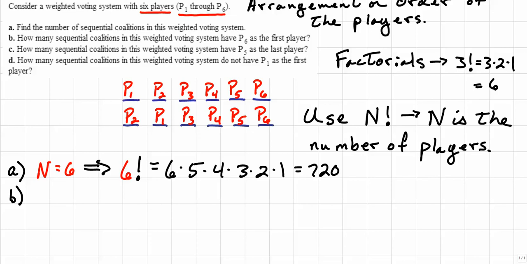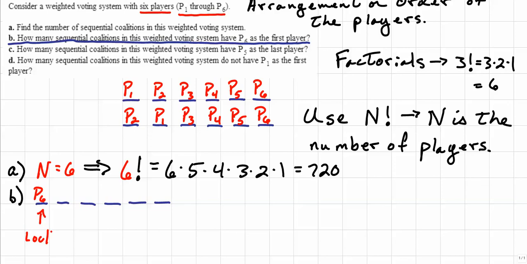Part B states how many sequential coalitions in this weighted voting system have P sub 6 as the first player. Now I'm going to write down the 6 slots that we've been using, and we're going to put P sub 6 here. This one is locked in place. However, these remaining positions can be occupied by one of 5 people.